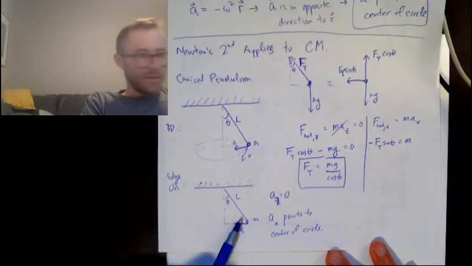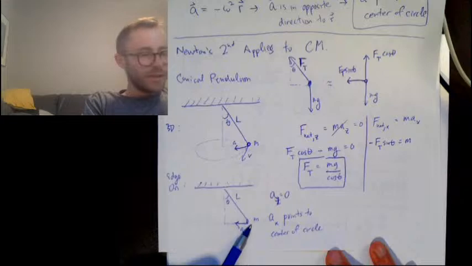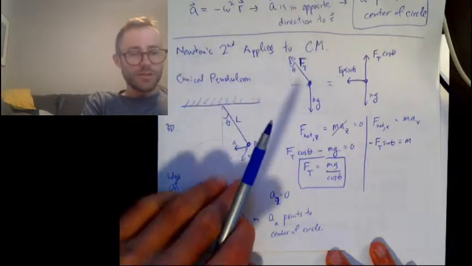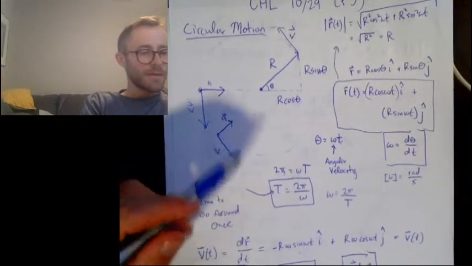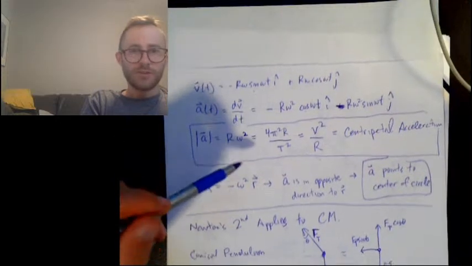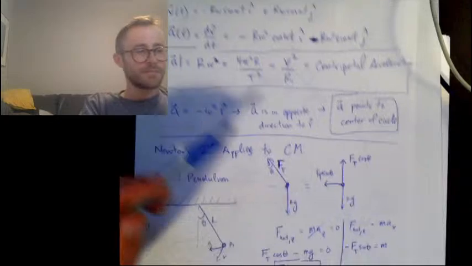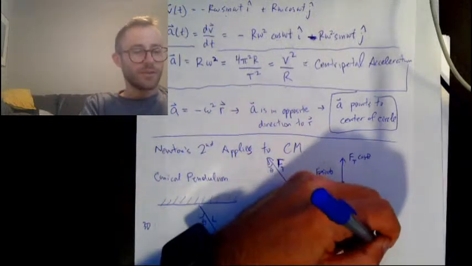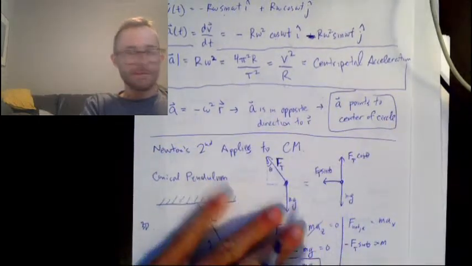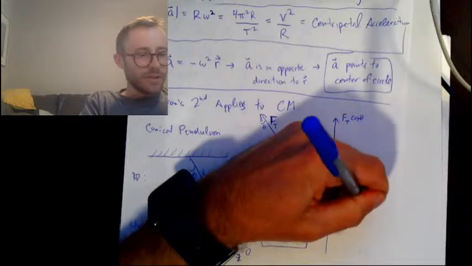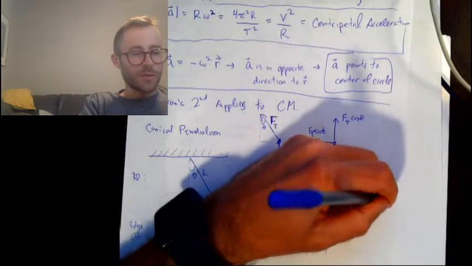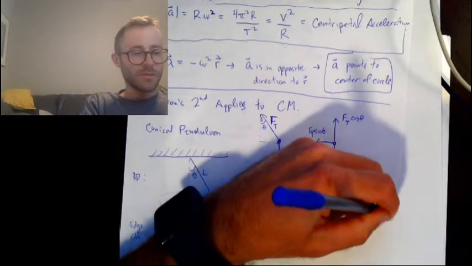At this particular instant, the acceleration is to the left. Because it's moving in a circle, the acceleration is given by the centripetal acceleration, 4 pi squared r over period squared. So it's negative, equals negative m times 4 pi squared r over period squared.